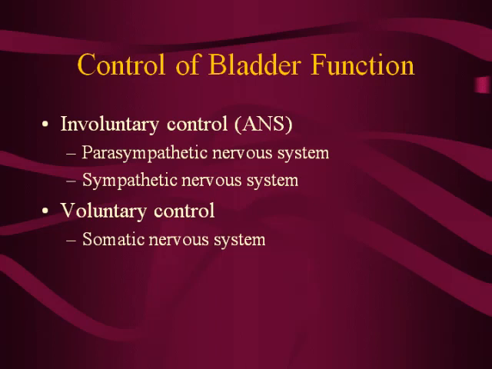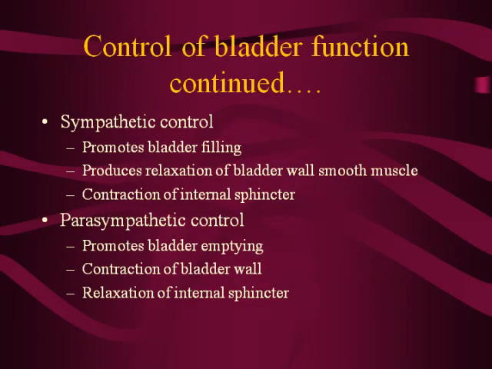So what controls bladder function? Well, you've got control from the autonomic nervous system, which is your involuntary control via your parasympathetic and sympathetic nervous system. And then you have voluntary control through the somatic nervous system. The sympathetic nervous system works by promoting bladder filling, okay? So if the bladder is filling up, then you know that the internal sphincter is contracting at that time.